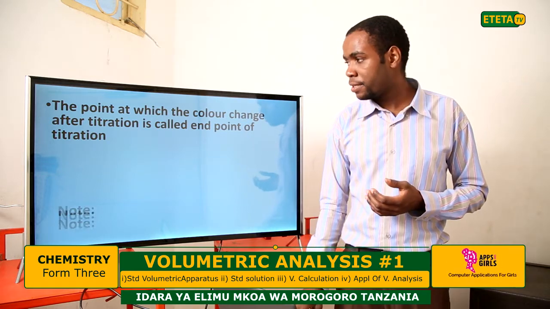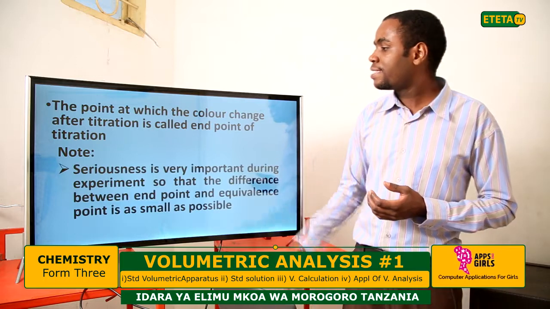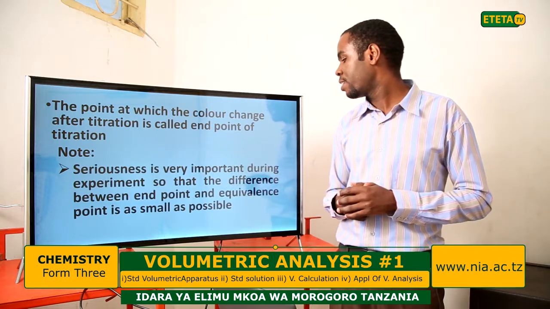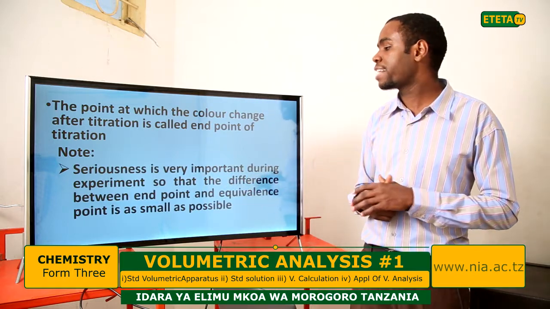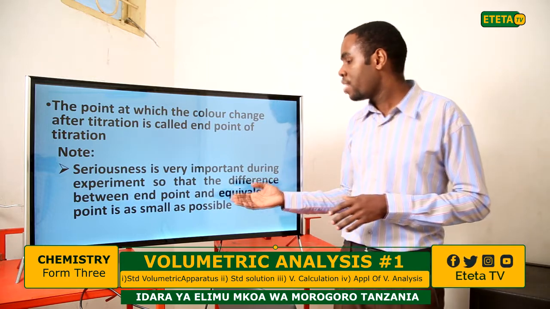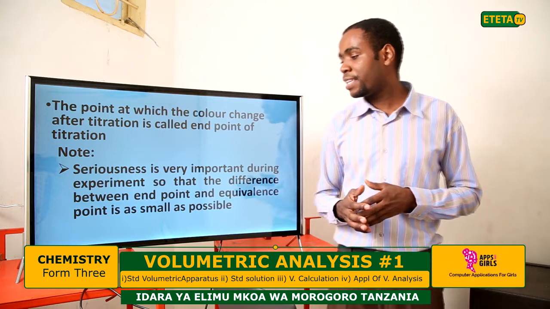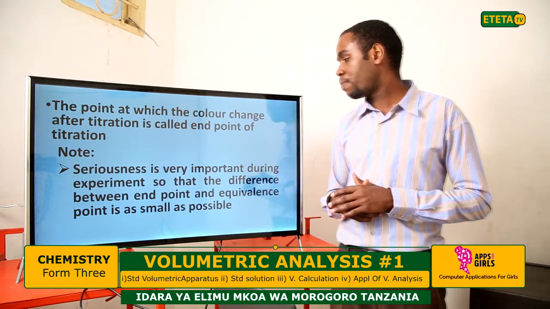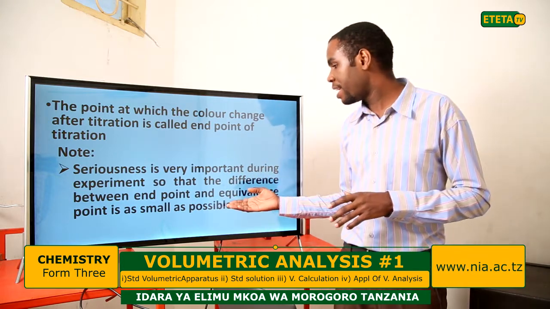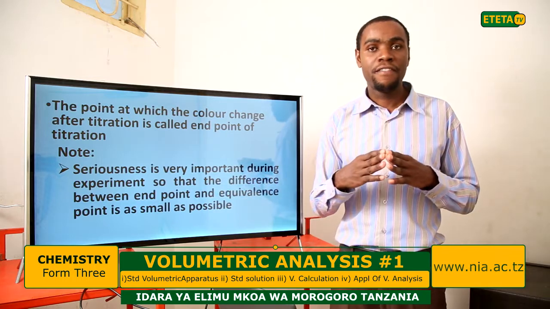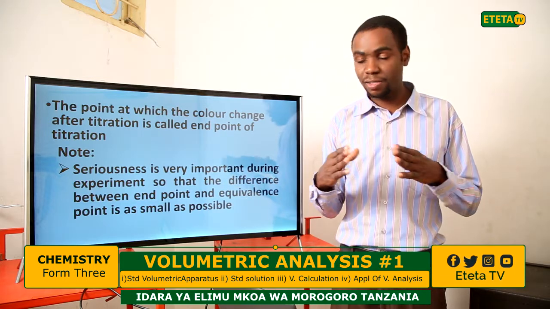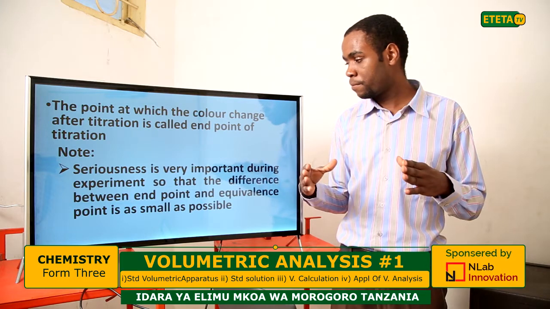the equivalence point. Note, seriousness is very important during the titration process, during the experiment, so that the difference between the end point and the equivalence point is as small as possible. We need the end point and the equivalence point to be very close. The difference between these two should be very small.